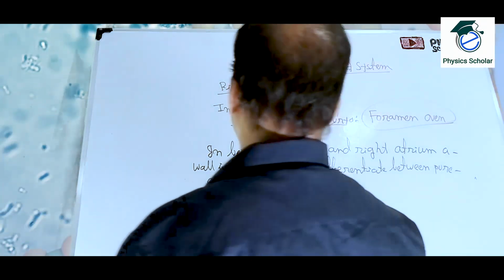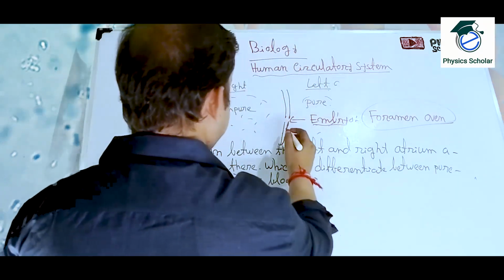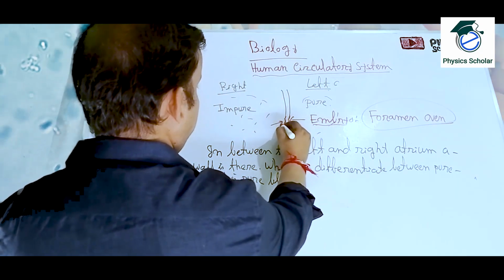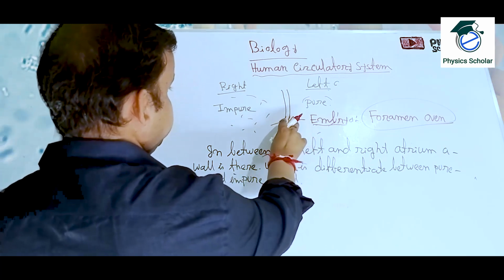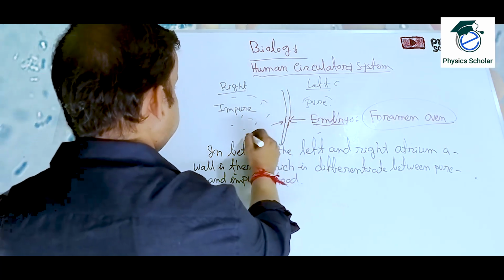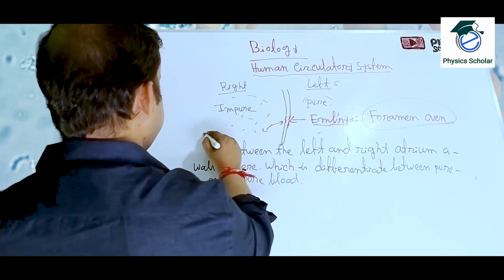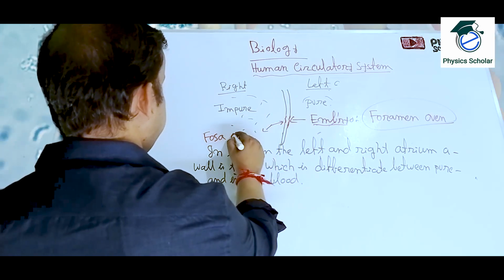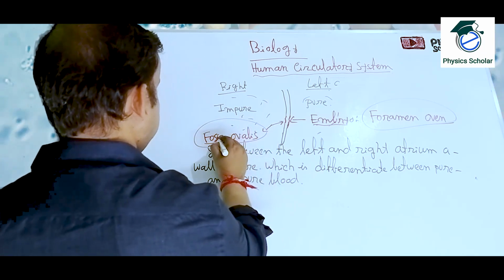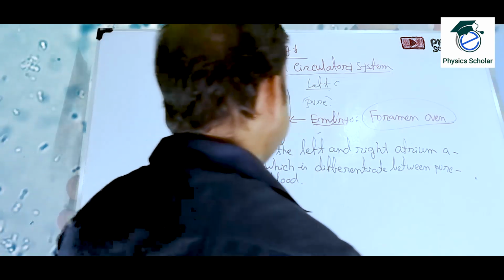Okay. When the child takes birth, this will be repaired, and one depression, or a mark or sign, we can see. So this sign is known as fossa ovalis. Fossa ovalis. Clear?